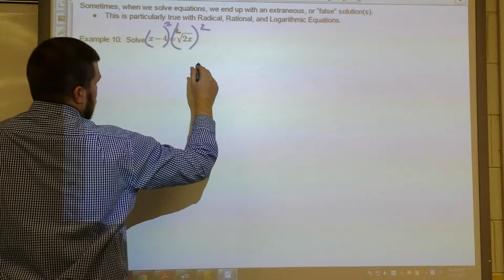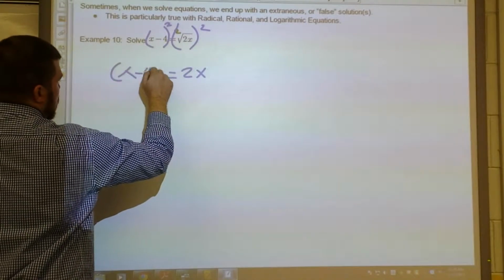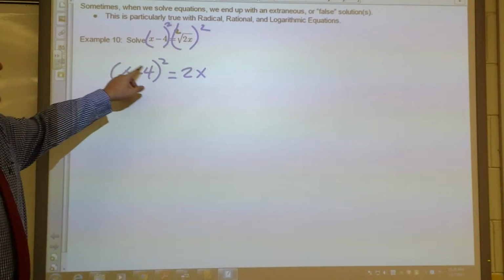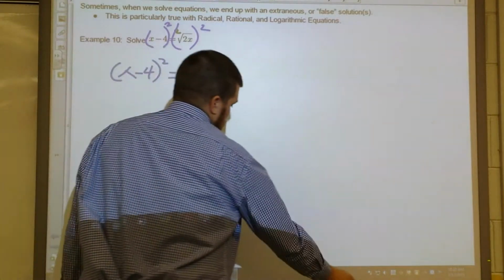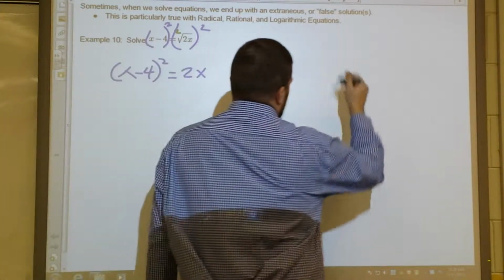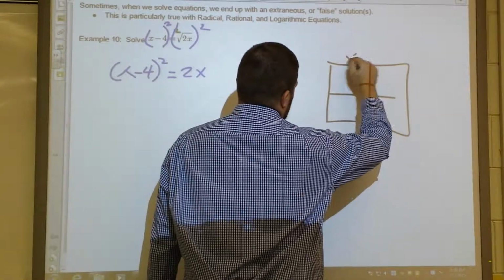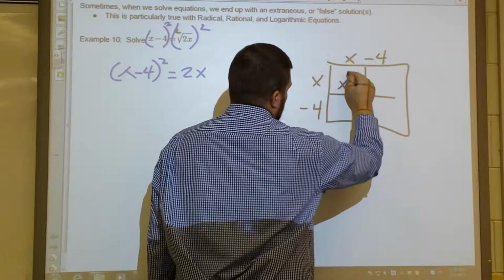Power 2 and index 2 cancel out, so 2x just falls down, and then (x minus 4) squared falls down. Now, you can either expand this binomial using FOIL or the box. I'm going to do the box scratch work to show you what that looks like. Or you might be able to do that in your head. I can, but I'm going to just show you this scratch work in case you haven't seen the box before, because the box is really useful.